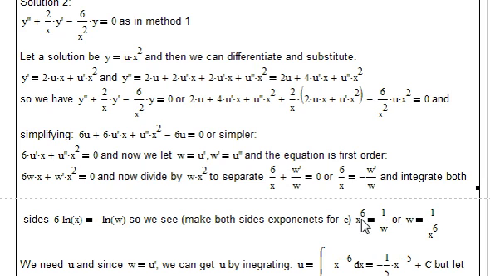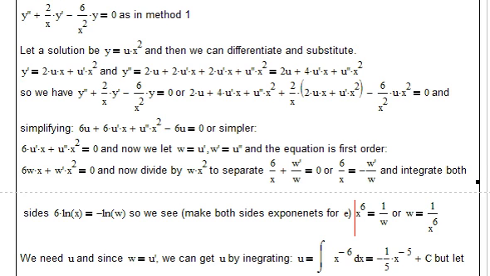So you get x to the 6th equals 1 over w. That's, you know, e to the negative ln of w is e to the ln of w to the negative 1, which is 1 over w. So we got x to the 6th equals 1 over w, or w equals 1 over x to the 6th. That's another way of looking at it.